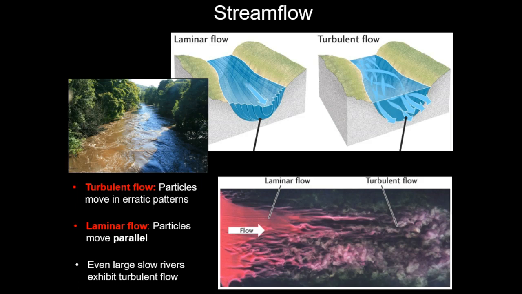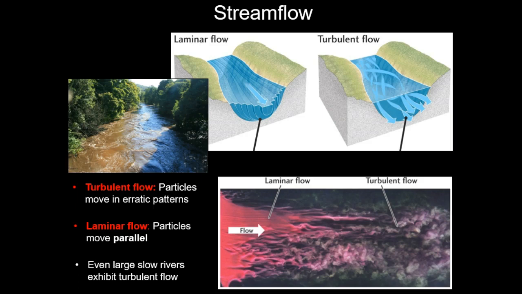Turbulent flow will happen when the particles move in a rather erratic pattern, as you're seeing here on the top right. This is more typical, this is a little less typical. Sometimes a stream may appear to have laminar flow at the surface, but near the riverbed and the riverbanks, where the resistance is greatest, there will probably be some turbulent flow occurring within the stream.